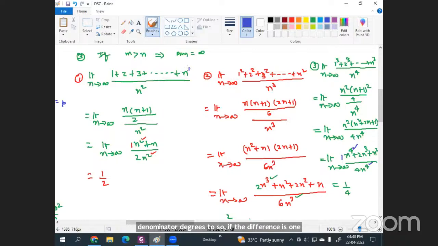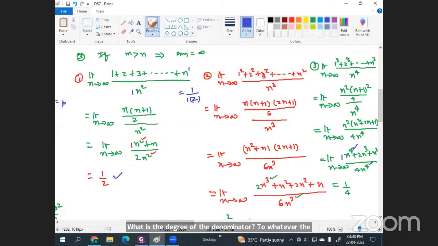So what is the rule? Our rule says, last term degree and denominator degree, if the difference is 1, that difference 1 you write it. Only when it is 1 only we have to apply this rule. 1 in the numerator. What is the degree of the denominator? 2. What about the coefficient here? 1. So 1 into 1 by 2.